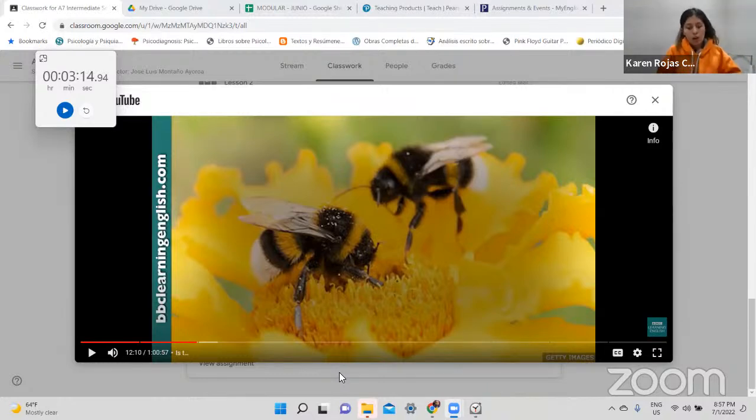Also talk about how plants reproduce and without the bees or other insects or maybe the wind, the plants can reproduce by themselves.